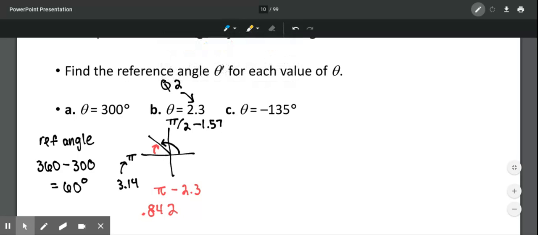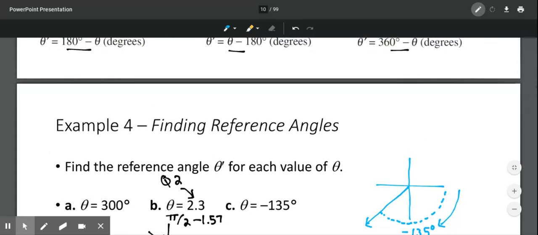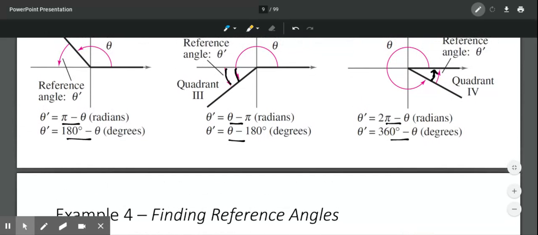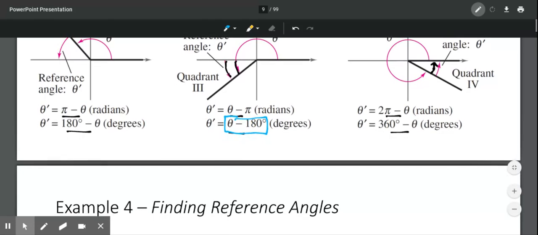If we think about this next one, negative 135 degrees, that means we're rotating in a negative direction. So if we rotate to here, we're at negative 90, and another negative 45 gets us here. So this is negative 135 degrees. And remember, in the third quadrant, if we're in degrees, we're going to use our theta and subtract 180.